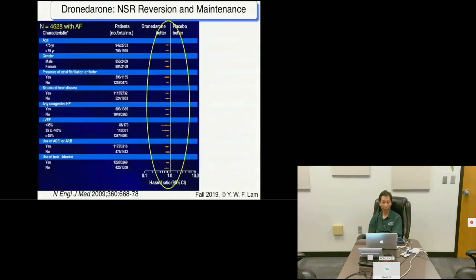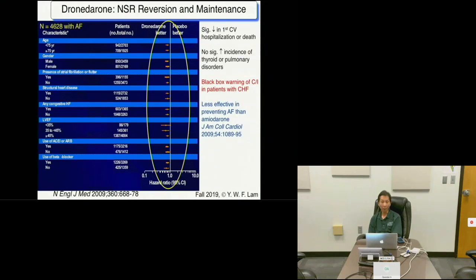So I want to quickly talk about dronedarone, and you have plenty of material on the anti-arrhythmic drug itself already, but obviously you know that dronedarone is the next generation amiodarone in a sense. We had high hopes for it.